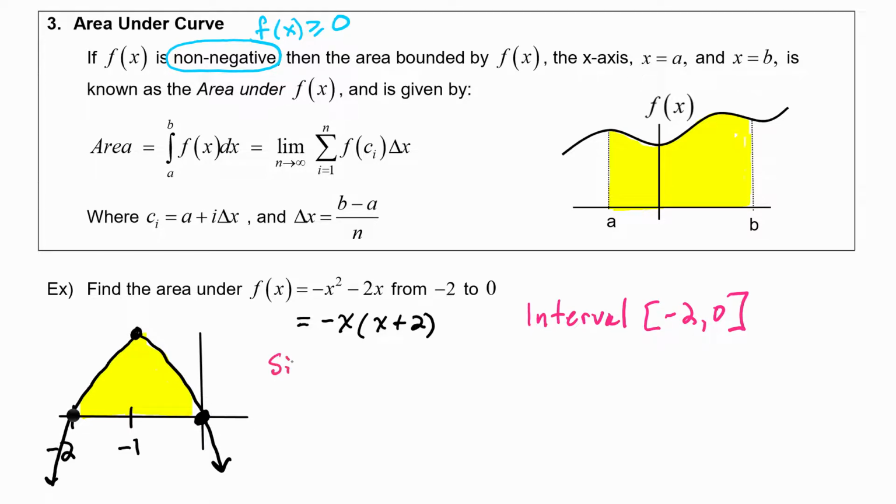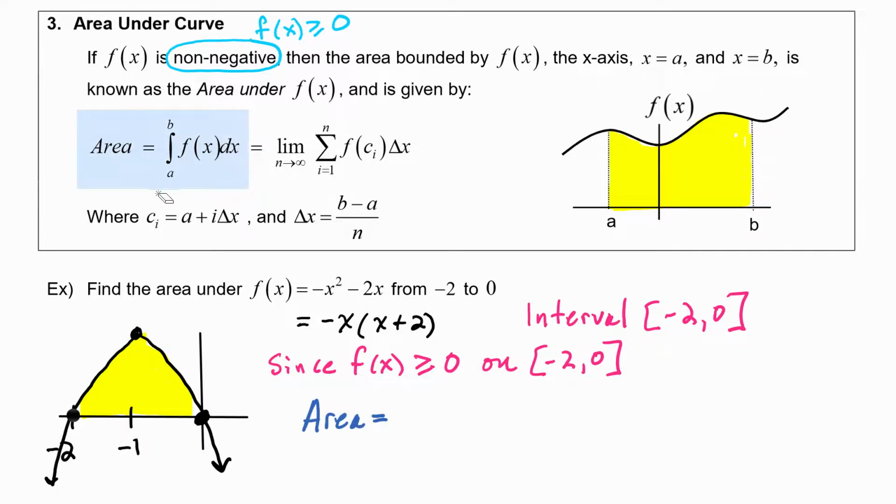So since f of x is greater than or equal to 0 on the interval negative 2 to 0, then the area is given by the definite integral, and in our case it will be from negative 2 to 0 of f of x dx, so negative x squared minus 2x dx.